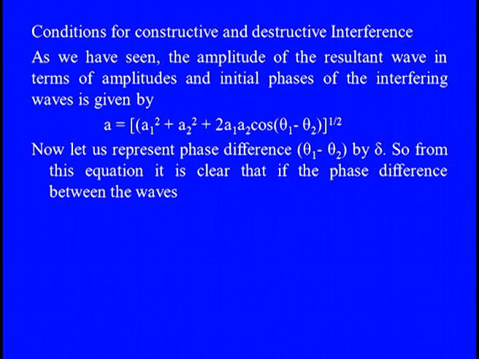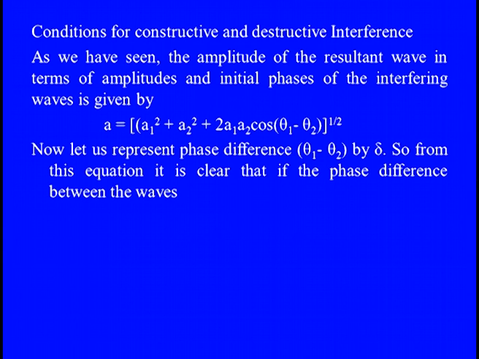Now I will discuss the conditions for constructive and destructive interference. As we have seen, the amplitude of the resultant wave in terms of amplitudes and the initial phases of the interfering waves is given by root of a1 square plus a2 square plus 2 a1 a2 cos(theta 1 minus theta 2).